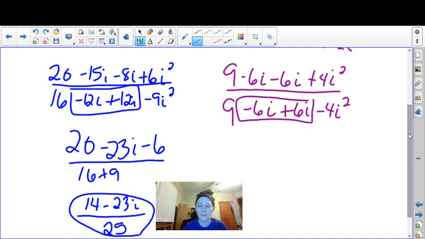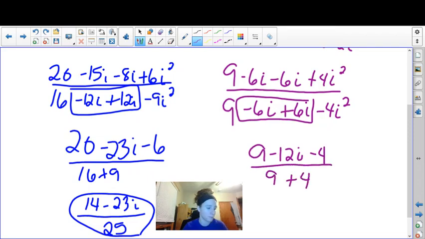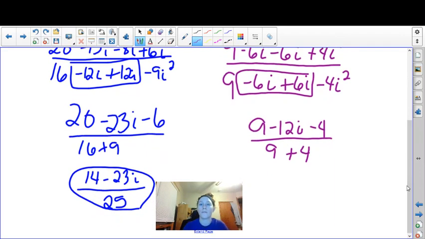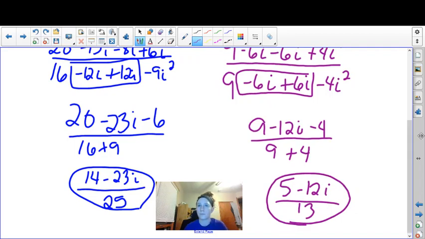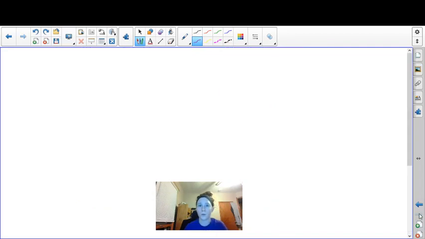So combining like terms on the top, I have 9 minus 12i minus 4 over 9 plus 4. Final answer, 9 minus 4 is 5 minus 12i. And 9 plus 4 is 13. Woohoo! We did it.